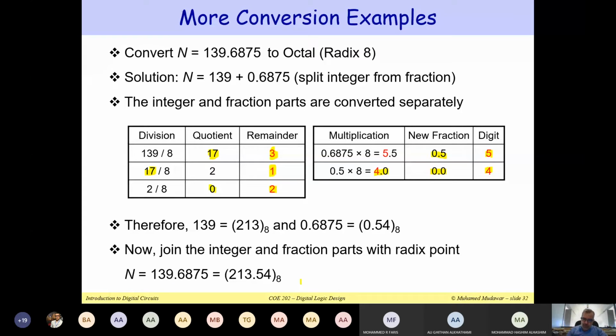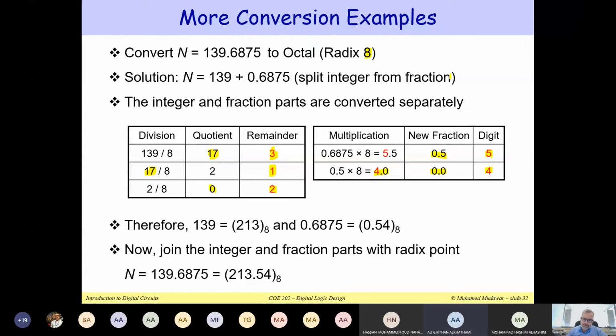If I'm not receiving questions... yes, go ahead. What does the R in radix stand for? It means R here is 8. It's like any number, right? When I'm talking about octal, R is 8. If I'm talking about binary, R is 2. If I'm talking about decimal, R is 10. That's the meaning of R. R is the radix.